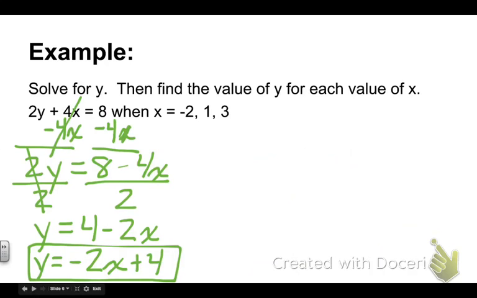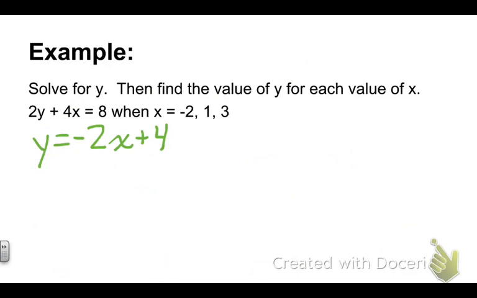So once I've solved for y, done. Now I need to find each value of x, and that's given. They want to know when x is negative 2, when x is 1, and when x is 3. I'm going to clear this out so I get a little more room here. Okay, so here's the equation that we just solved for. So now plug in negative 2 for x.